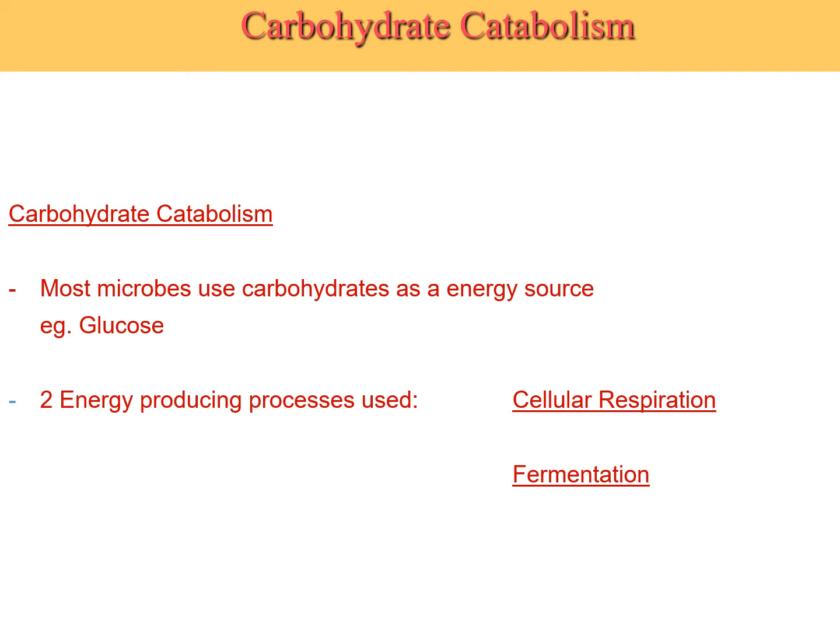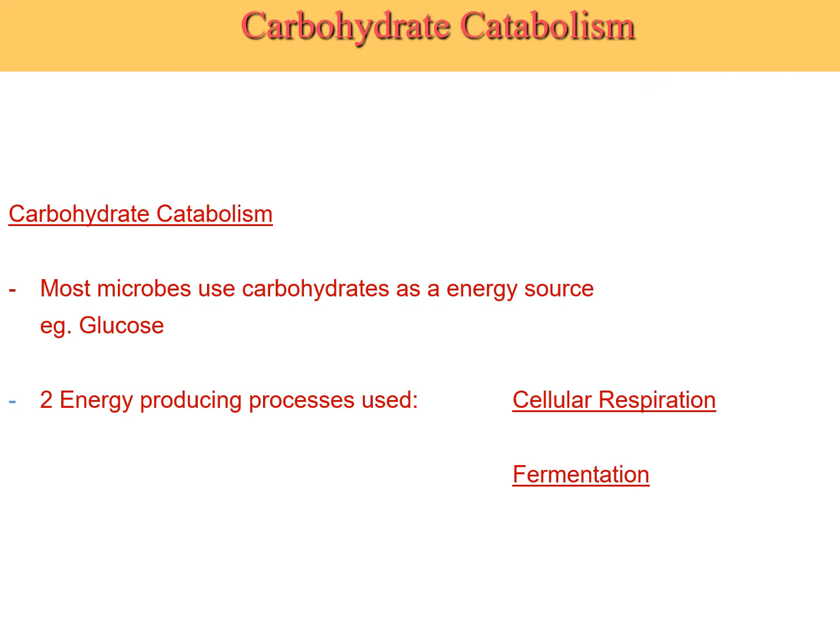And the main two processes or metabolic pathways that are used to generate that energy are cellular respiration and fermentation. Cellular respiration involves the use of oxygen and includes a process called oxidative phosphorylation. And fermentation does not involve the use of oxygen.